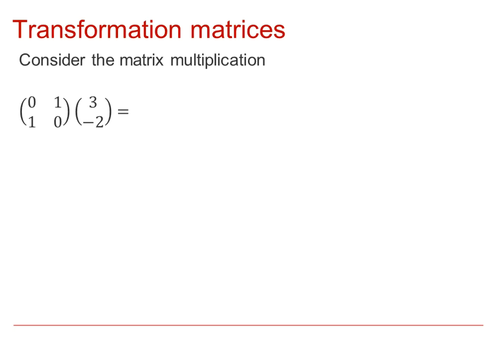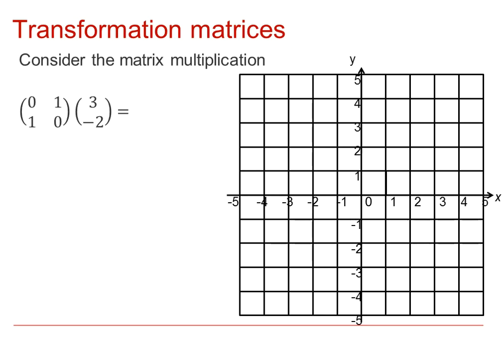First we're going to consider the matrix multiplication (0, 1; 1, 0) multiplied by (3, -2). So (3, -2) is our object, and if we do the multiplication, we multiply the (0, 1) by the (3, -2), which gives us -2.